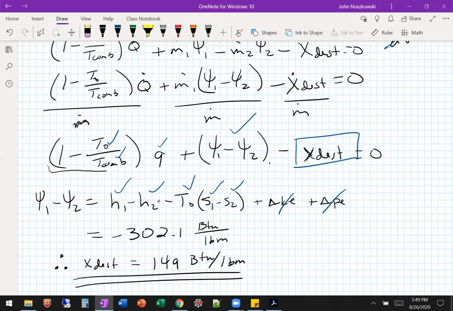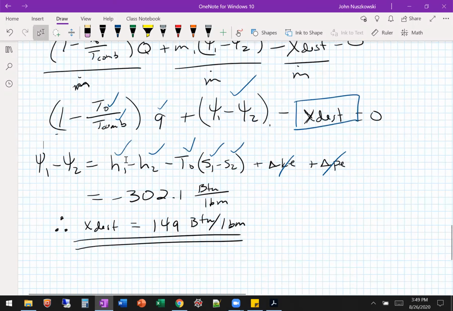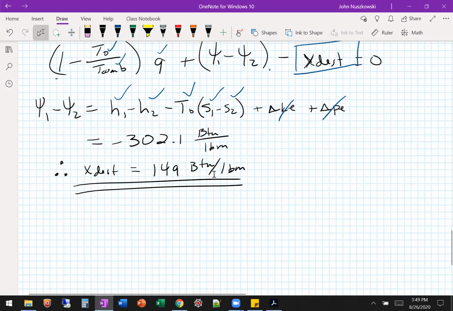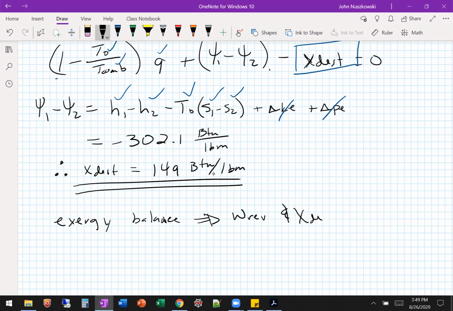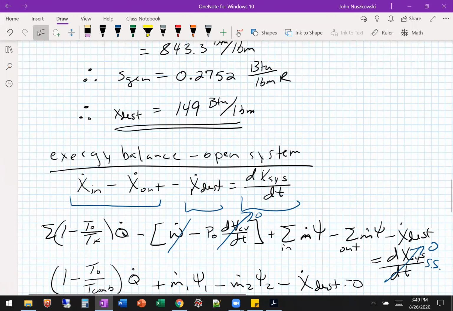I'm a little confused for the third way you would solve it. The third method, you don't mix them two together, because the third method is the exergy balance, and I'll do it on the next problem, but we're solving for work reversible now, and X destroyed is equal to 0. So when you start with the exergy balance, the heat term will be there, but the work term will be there, but it'll be called work reversible. We canceled that out on the actual one because the actual one didn't have any work.